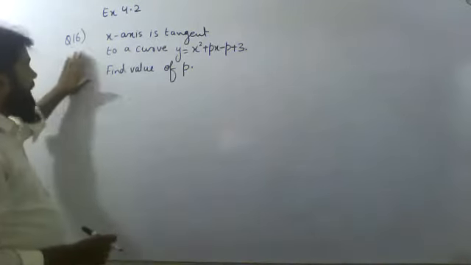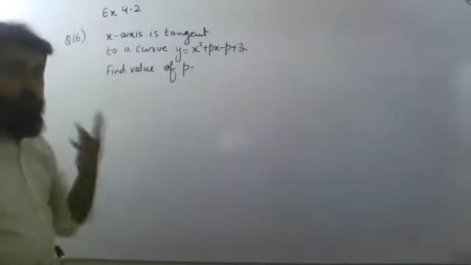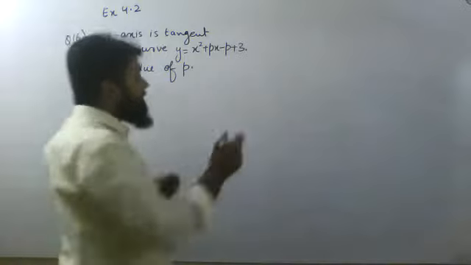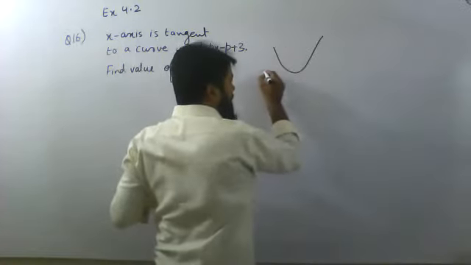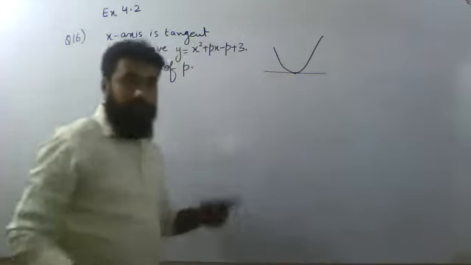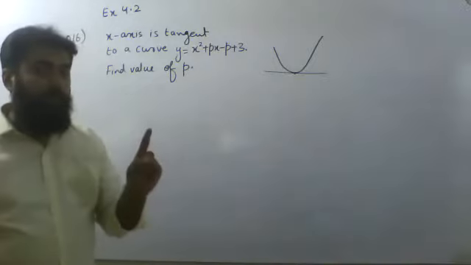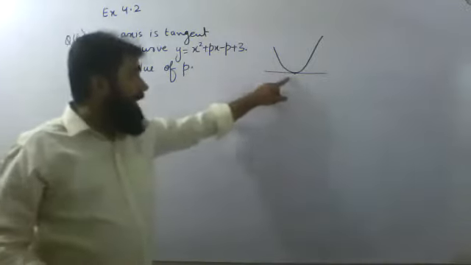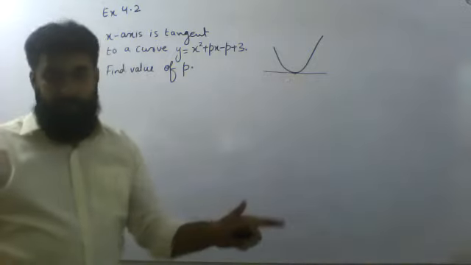Question 16, they are saying x-axis is tangent to a curve. What do we mean by tangent? Tangent means that for a curve, when a line touches a curve only at one point, then that line is known as tangent to the curve.